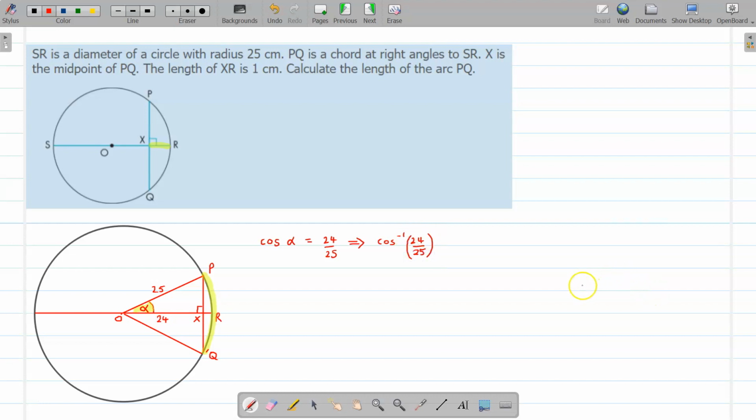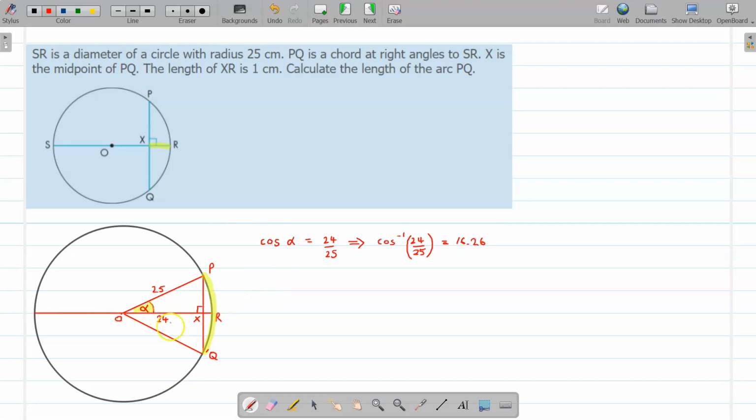And to 4 significant figures, that comes to 16.26 degrees. So that is the angle alpha.